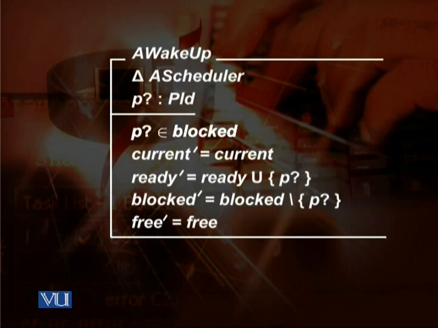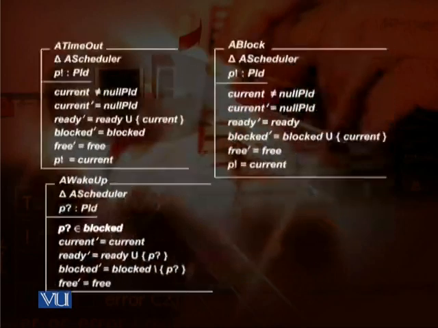In this case, the new value of this ready set will be equal to the old ready set union this element P. And free does not change. Once again, nothing very special here. Almost the same formulation that we have seen in so many different cases.